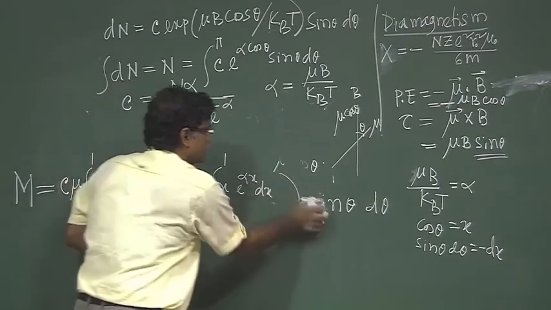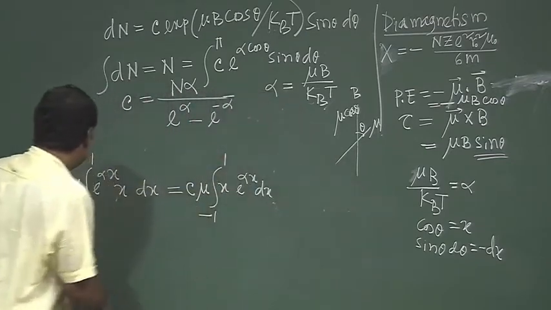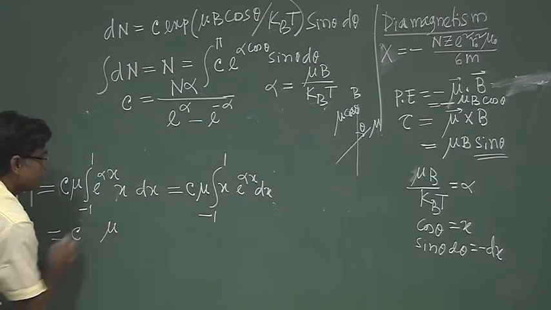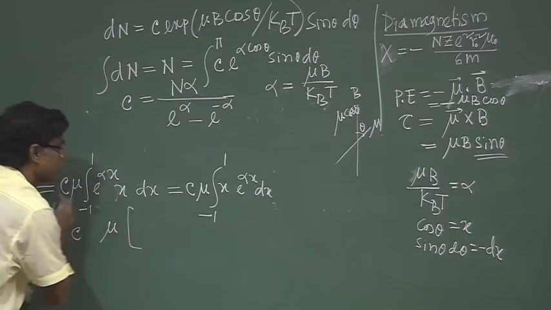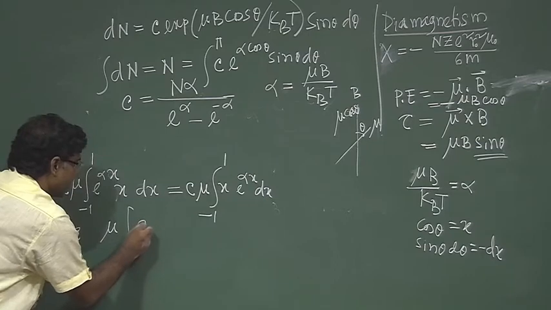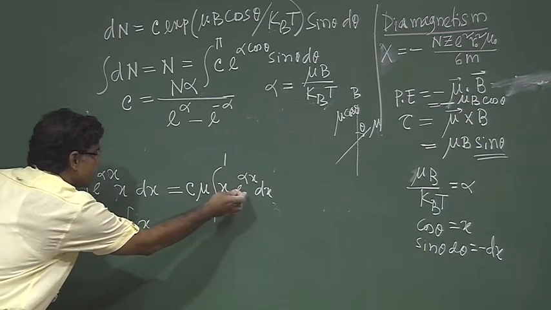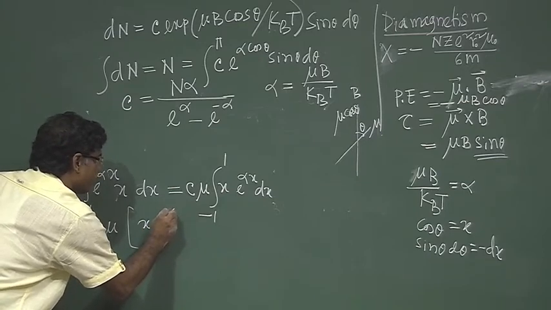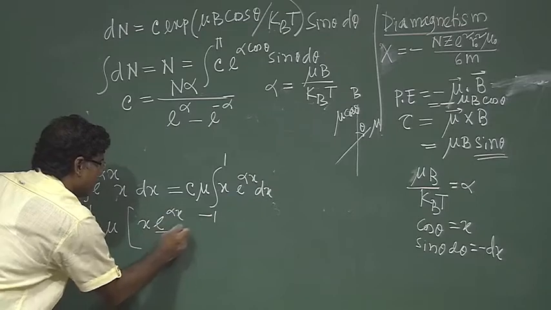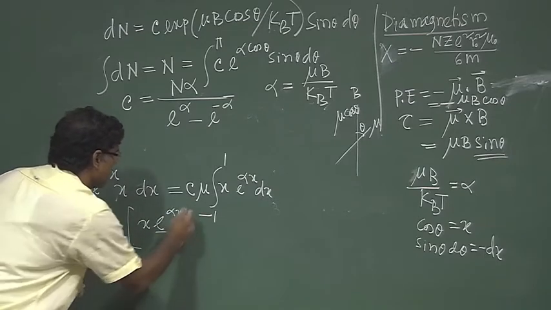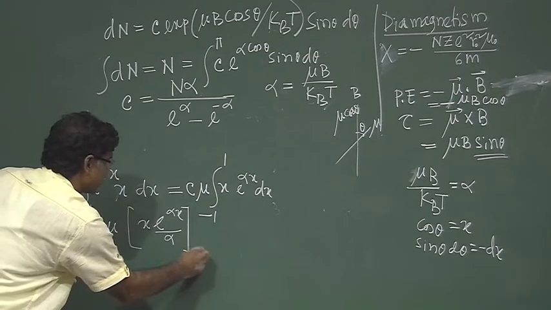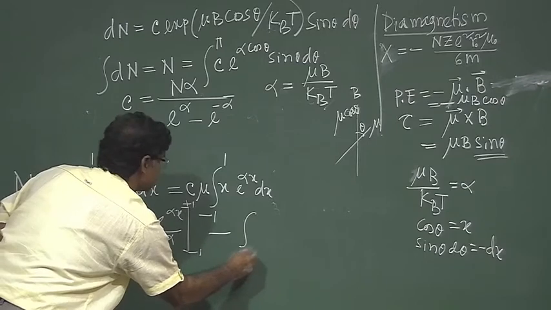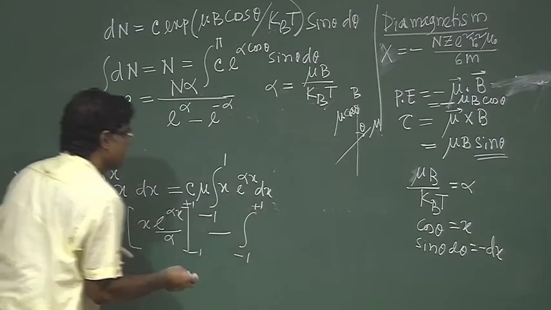Okay. So, integration by parts will give you c mu times uv, that is x e to the power alpha x by alpha, evaluated from minus 1 to plus 1, minus the integration from minus 1 to plus 1 of v du.